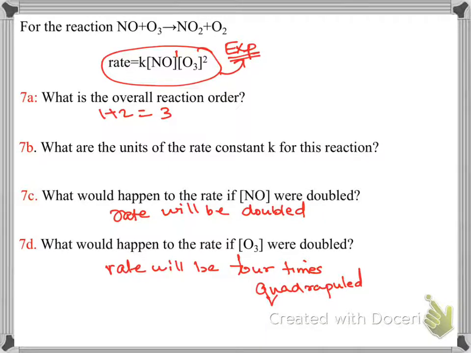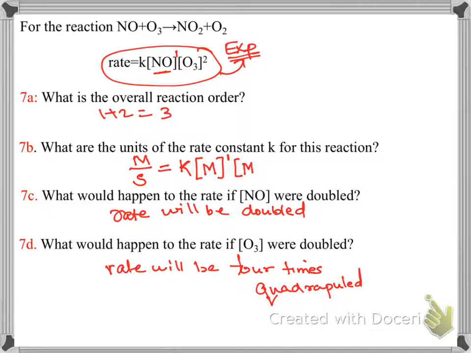What are the units of the rate constant k for this reaction? Now, the rate, what is the rate? Rate is change in concentration with time. That is the unit for rate: M stands for molarity, s is for seconds. We have to find the unit for k. The concentration of NO has the unit of molarity, raised to the power 1.